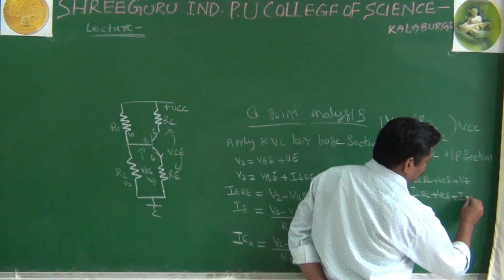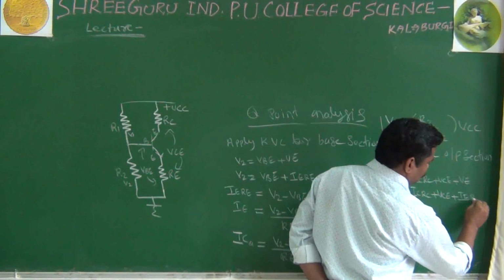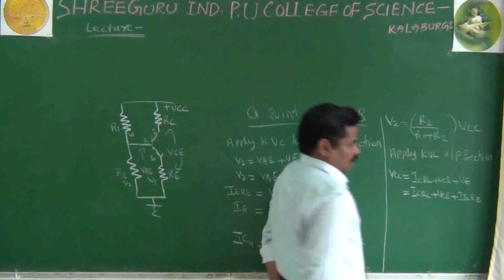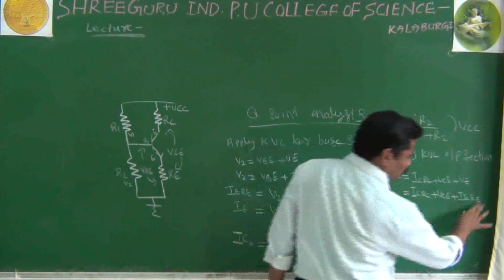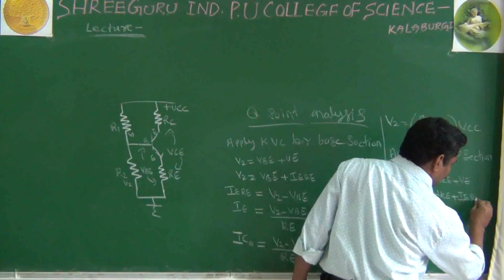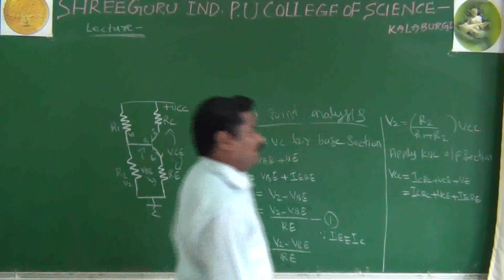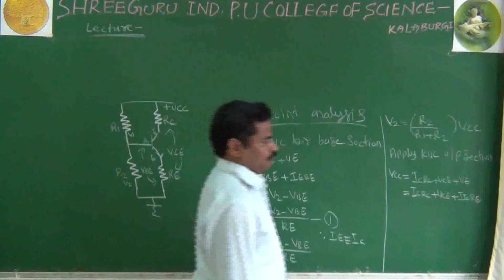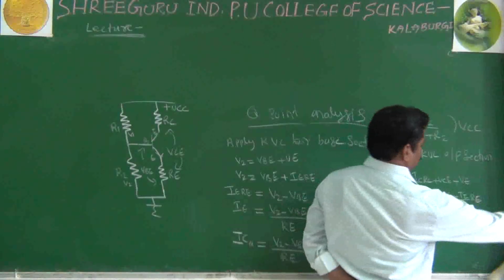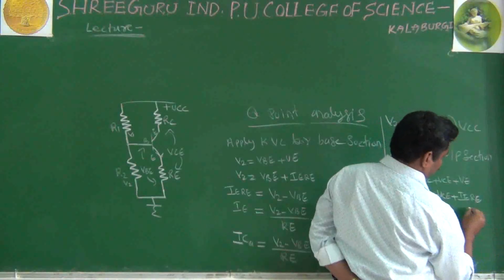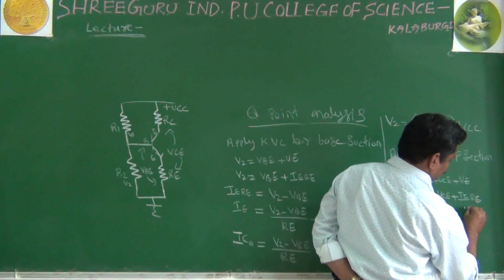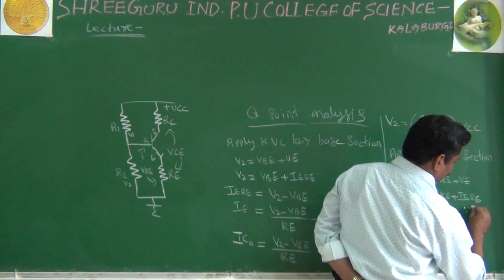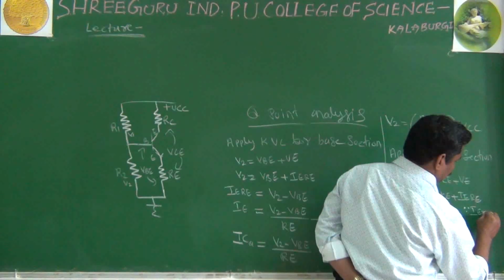As I said, in place of IE, you can write IC, because in your transistors IE is nearly equal to IC.